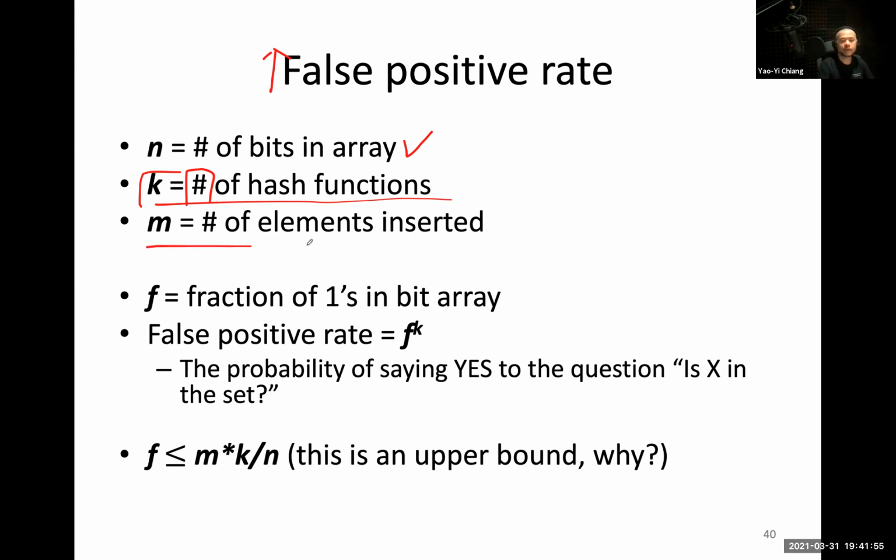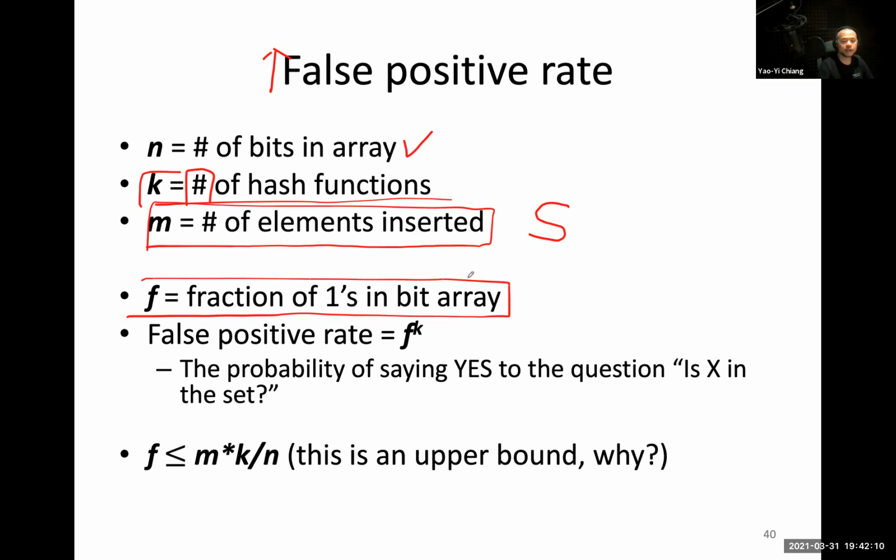And M is the number of elements that we have inserted into the filter so far, so this is the number of elements in your S. Say F is the fraction of ones in your bit array after you scan the entire S data set. Your false positive rate is F to the power of K. This is the probability of saying yes to the question, is X in the set?